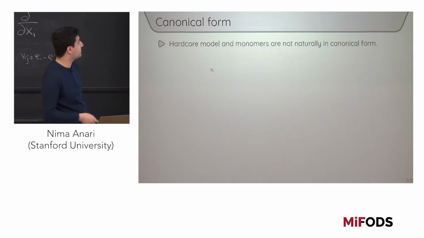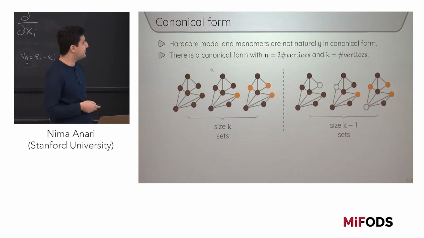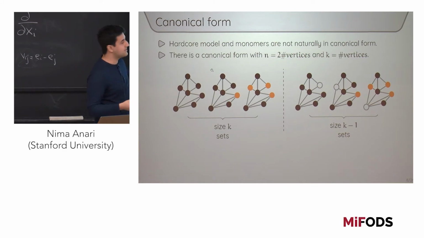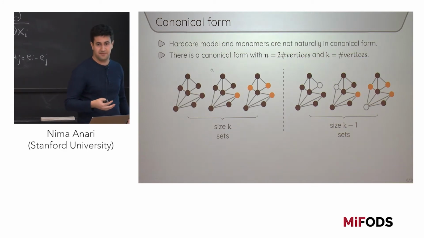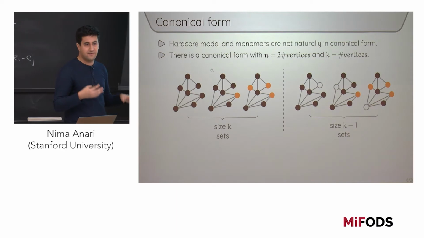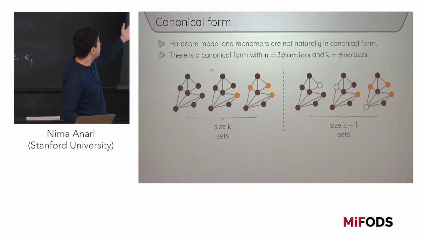So for example, the hardcore model and monomer distribution are not in this model, but you can transform them into subsets of size k of n elements, where n here would be twice the number of vertices, and k would be the number of vertices. So what are the twice the number of vertices elements that I'm talking about? In your graph, you have basically 2 elements per vertex. One is that vertex colored black. One is that vertex colored orange.